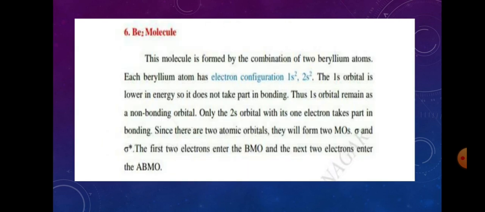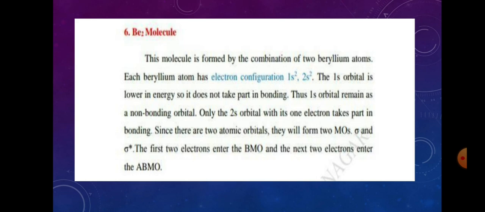Now today we study the molecular energy level diagram for the Be2 molecule. This molecule is formed by the combination of two beryllium atoms, and each beryllium atom has electron configuration 1s2 2s2. The 1s orbital is lower in energy, so it does not take part in bonding.